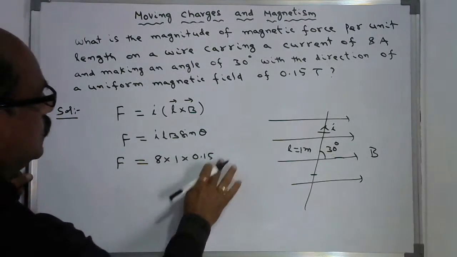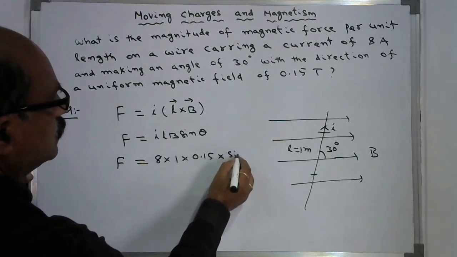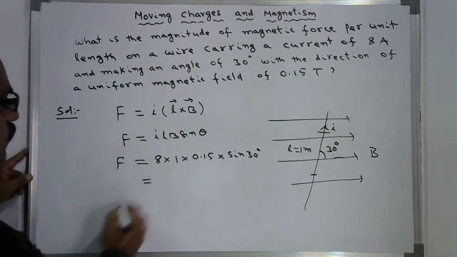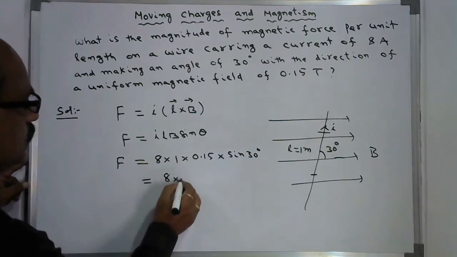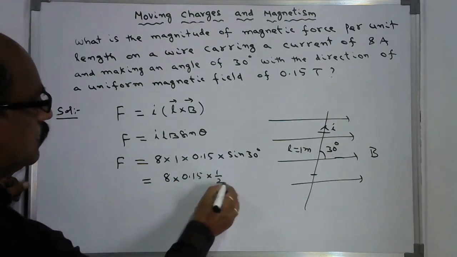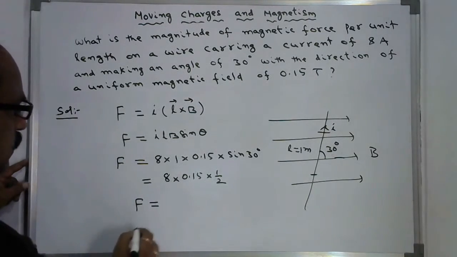And sin theta, that is sin 30 degrees. So now let us simplify this. 8 into 0.15 into half. So this becomes the force per unit length.